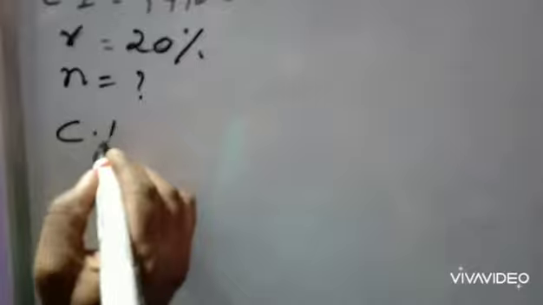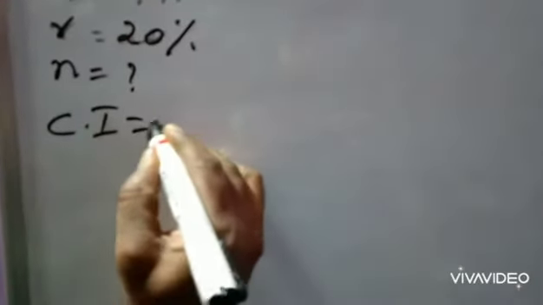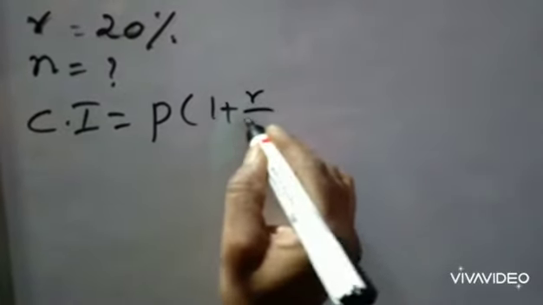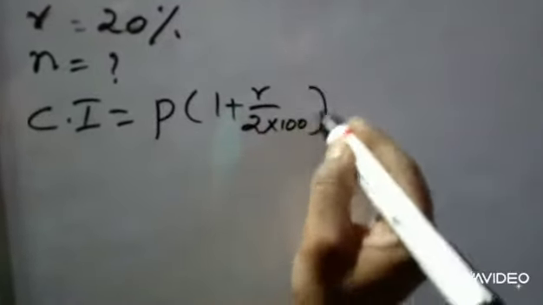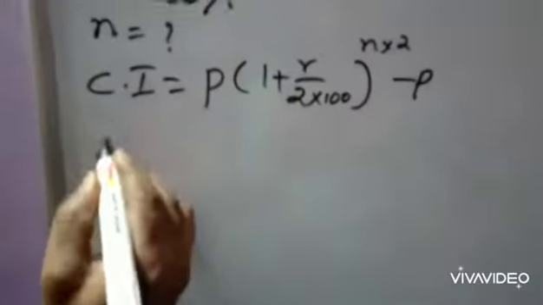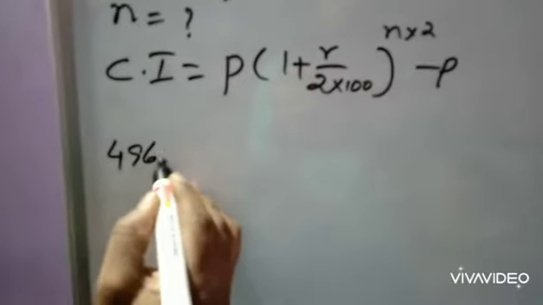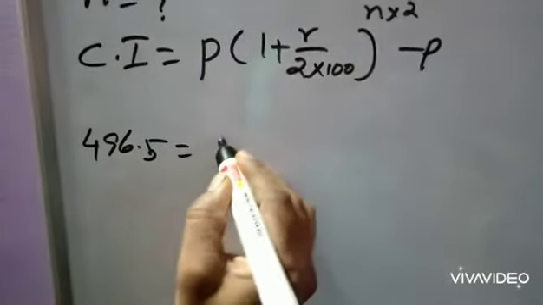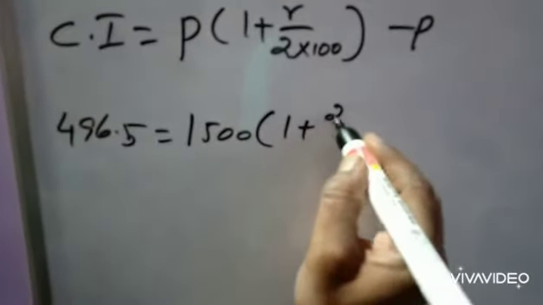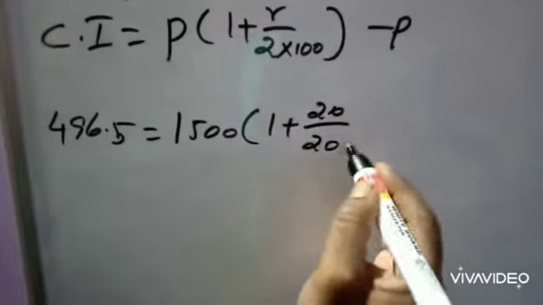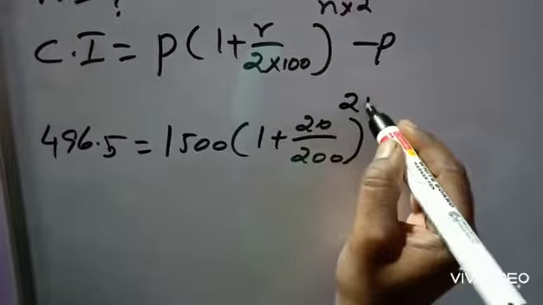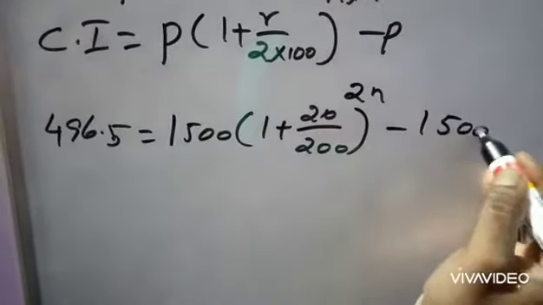So we have the formula compound interest half yearly equal to P into (1 plus R by 2 into 100) power n into 2, minus P. So we can apply the values here. Compound interest equal to 496.5, principal 1500 into (1 plus R 20 by 200), here n we need to find out, so 2n, minus 1500.